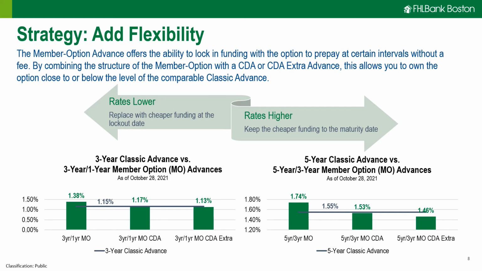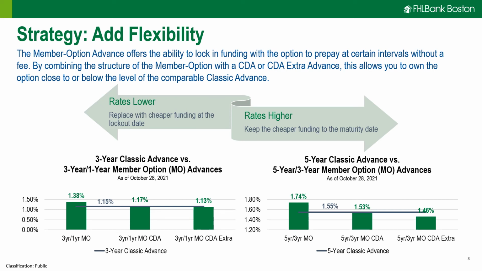If rates decrease or you don't need the funding anymore, you have the ability to collapse the funding on the option dates. And if rates rise and you continue to need that funding, you hold on to that advance out to maturity.